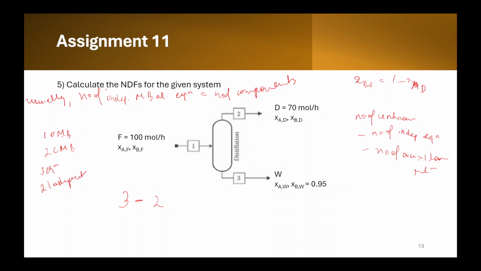We don't care which equation we are taking, we only need to care how many independent equations there are. So basically 2 independent equations, and any number of auxiliary relations, there are none, so you get 3 minus 2 is equal to 1.